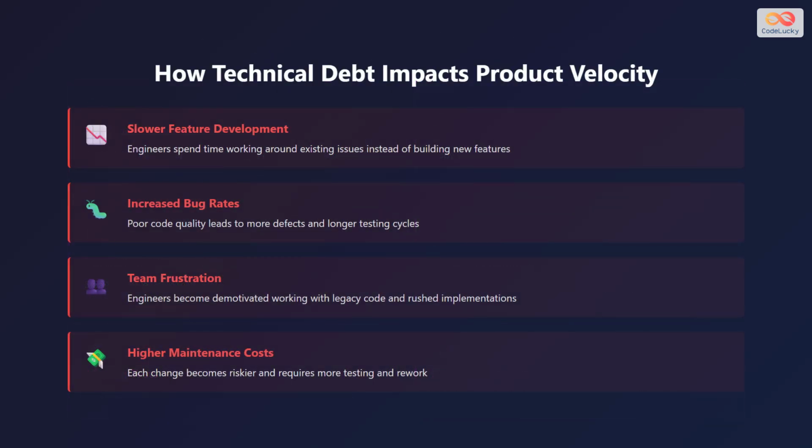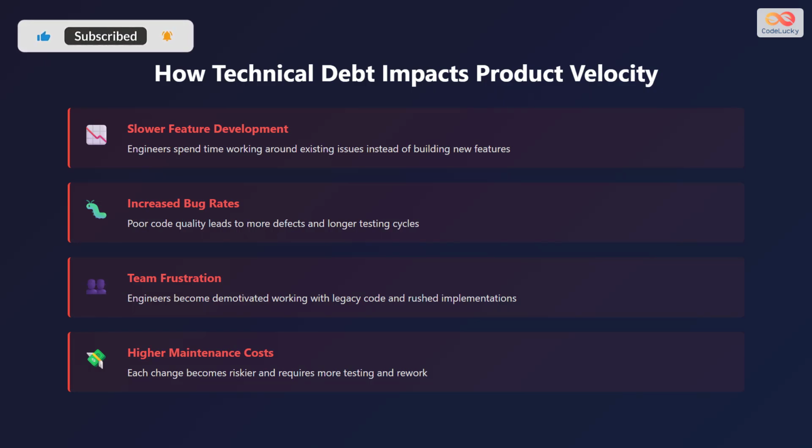The real cost of technical debt shows up in your product's velocity. Slower feature development occurs because engineers spend time working around existing issues instead of building new features. Increased bug rates follow because poor code quality leads to more defects and longer testing cycles. Team frustration builds when engineers become demotivated working with legacy code and rushed implementations.